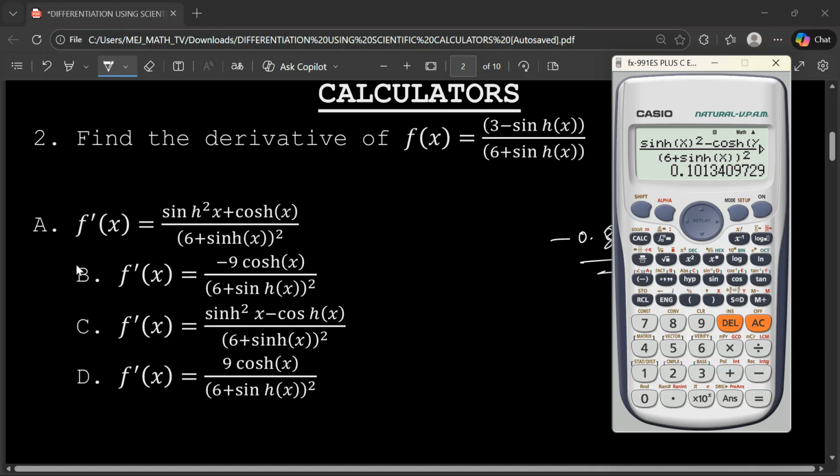So we start with option B. So we are going to have negative 9 hyper cosh, which is the second option, alpha x over 6 plus hyper sine h of alpha x.